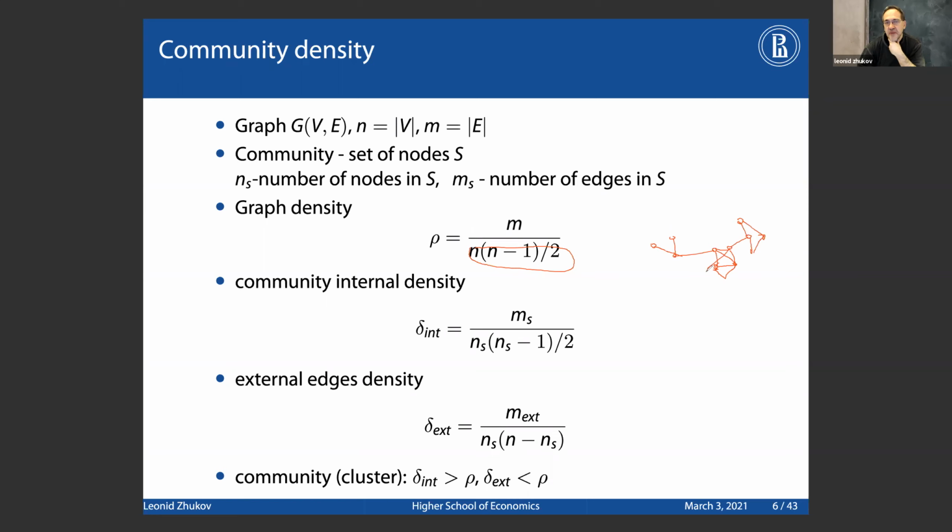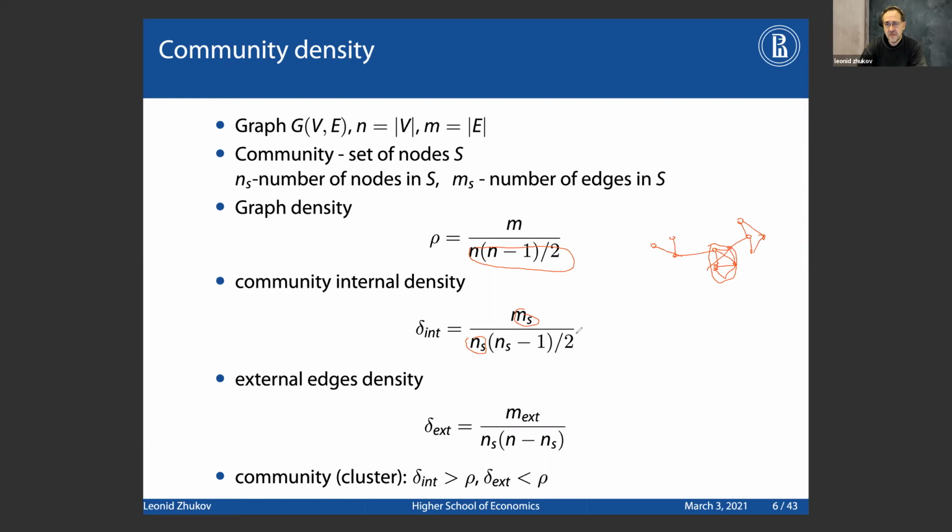If this is a community, for example, let's calculate the number of edges that belong to the community, knowing how many nodes belong to the community, because remember, partitioning into communities is determined by the node assignment.